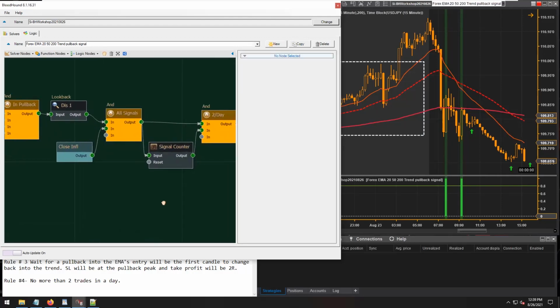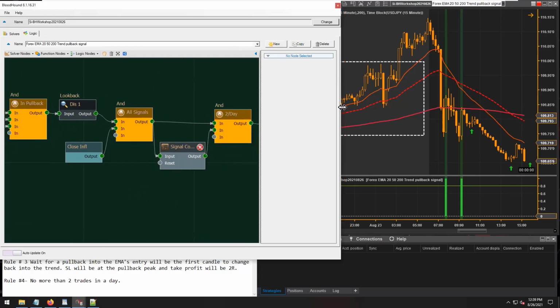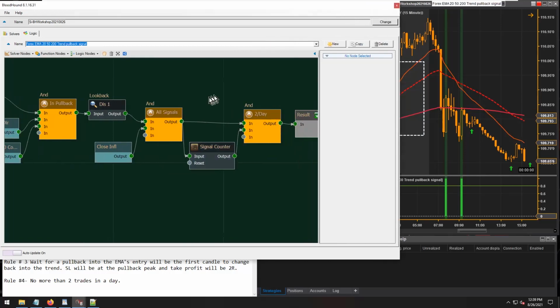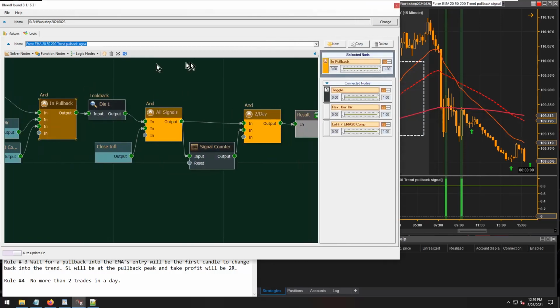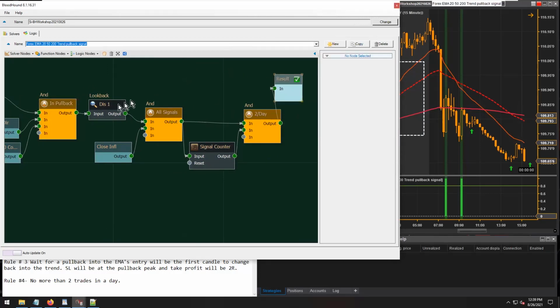There you go. And don't forget, guys, you can always name your AND nodes here, right? So this AND node basically is telling us that we're in a pullback.